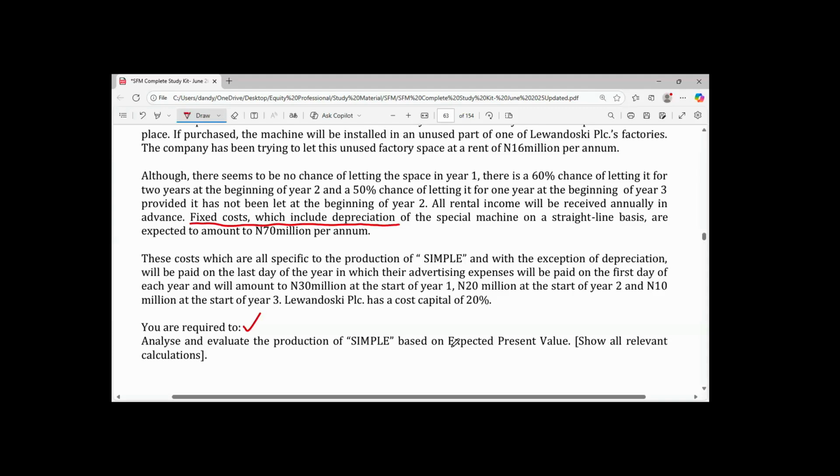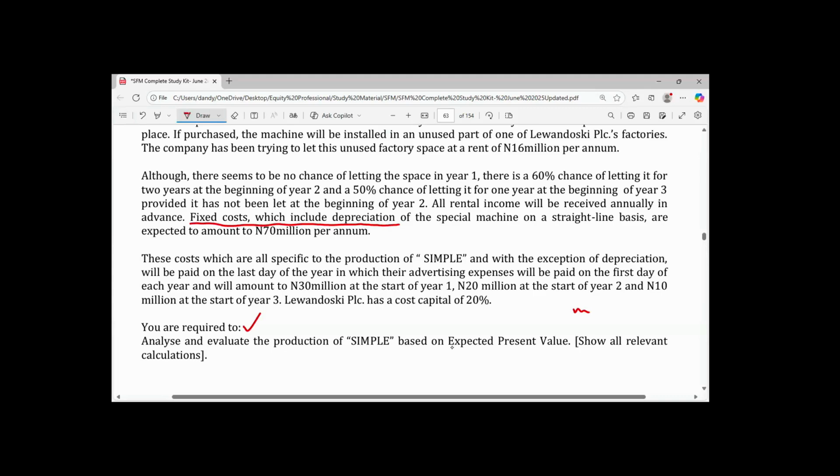Advertising expenses will be paid on the first day of each year, and will amount to 30 million naira at the start of year one, 20 million naira at the start of year two, and 10 million naira at the start of year three. Lewandowski PLC has a cost of capital of 20%. You are required to analyze and evaluate the production of Simple based on expected present value. Show relevant calculations. Thank you very much.